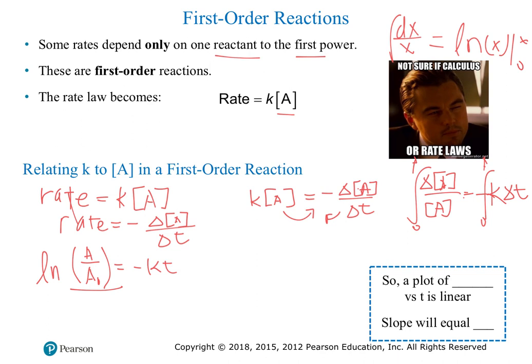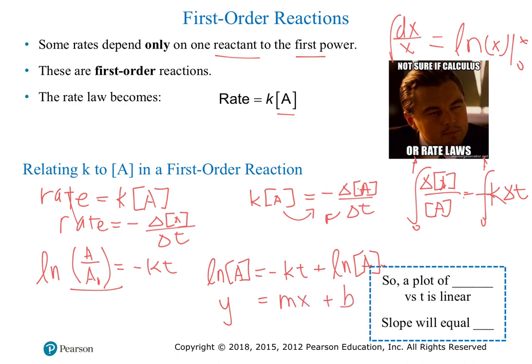If you'd like me to show you this in person, I'd be happy to walk you through it. But what we end up getting is ln of the concentration of A equals negative kt plus ln of your initial concentration of A. So this looks like y equals mx plus b.